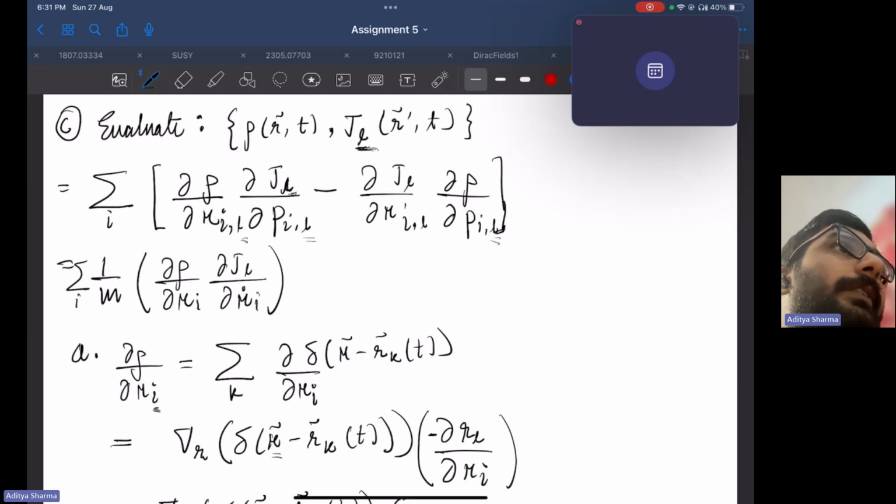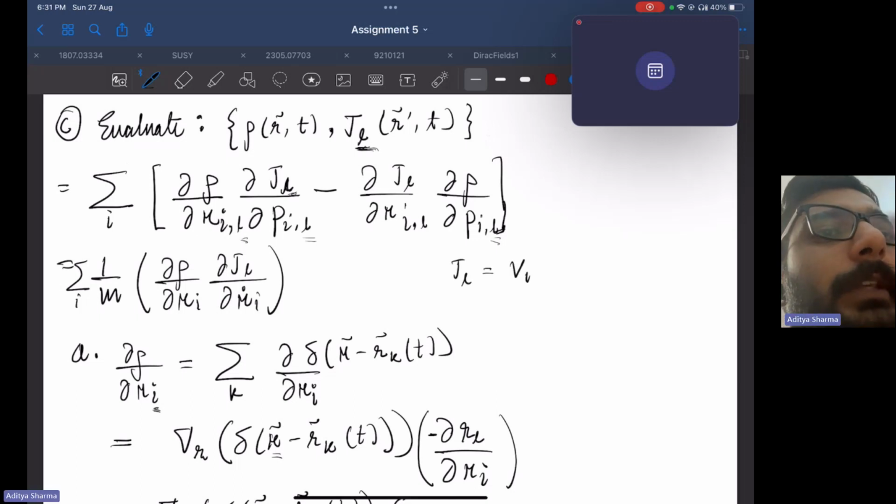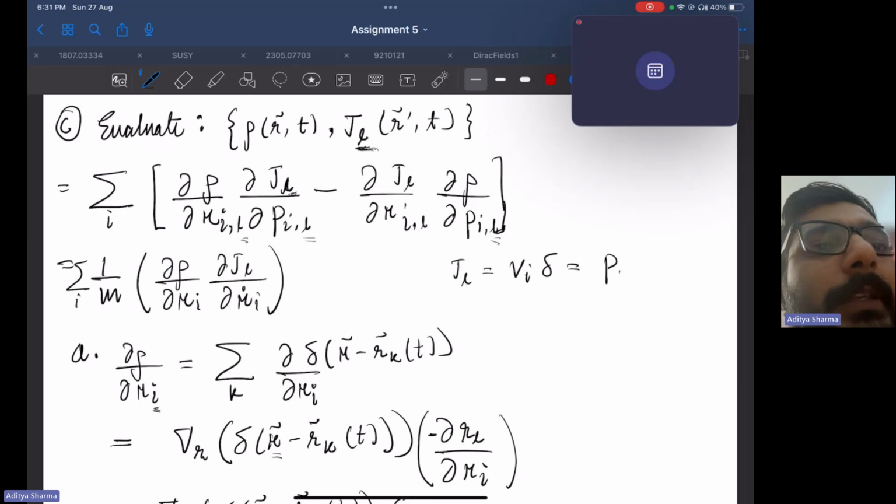Sorry, J is nothing but v_i times Dirac delta. So this is nothing but the lth component of v_i. So this J_l is nothing but v_l times Dirac delta, which we are going to write as p_l by m Dirac delta.